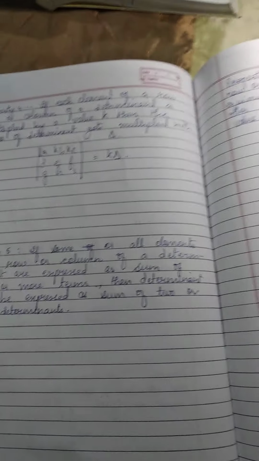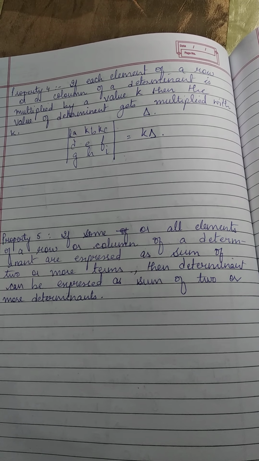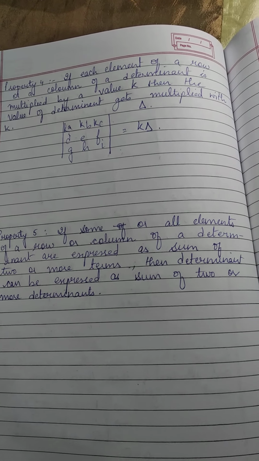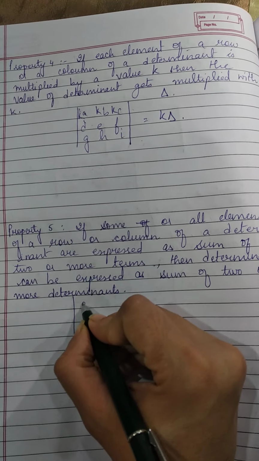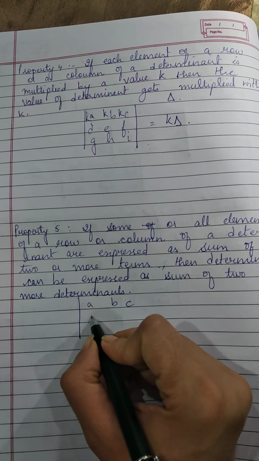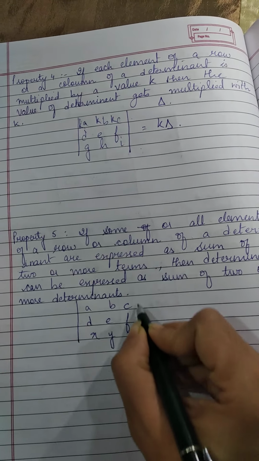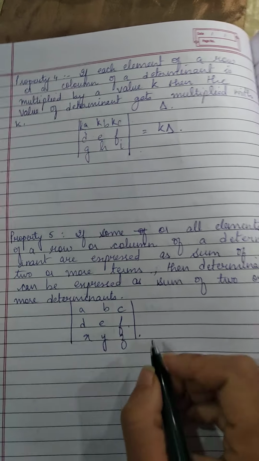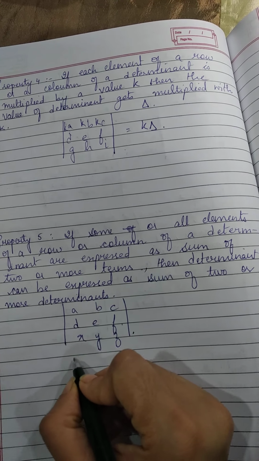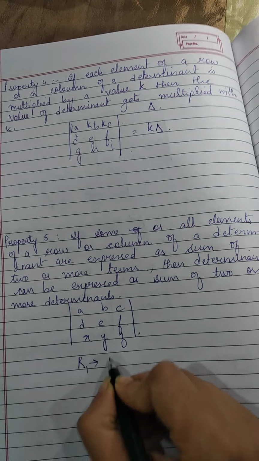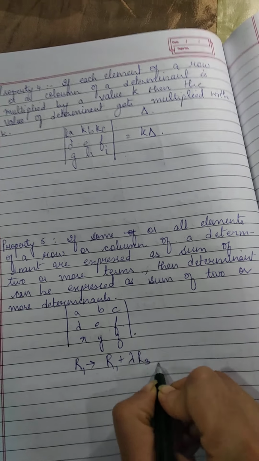Next, property 5. If some or all elements of a row or a column of a determinant are expressed as a sum of two or more terms. For example, if I have a matrix A, B, C, this is D, E, F, and this is X, Y, and Z, and I apply the operation, that is R1 becomes R1 plus lambda R3.